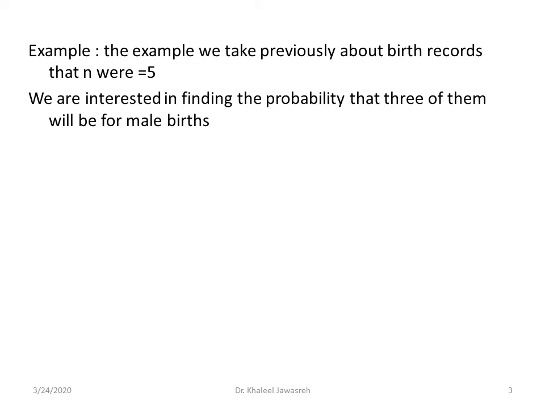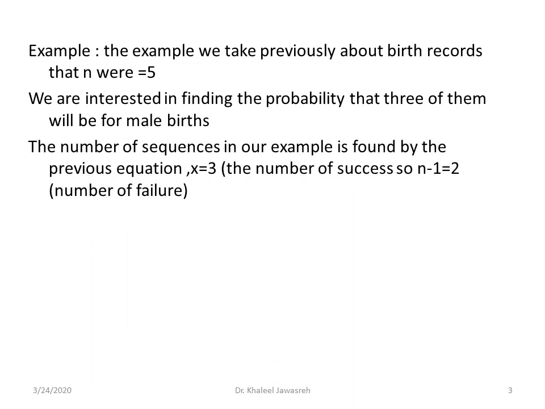The number of sequences in our example is found by the previous equation. x equals 3, which is the number of successes, so the number of failures is n minus x, which equals 2.